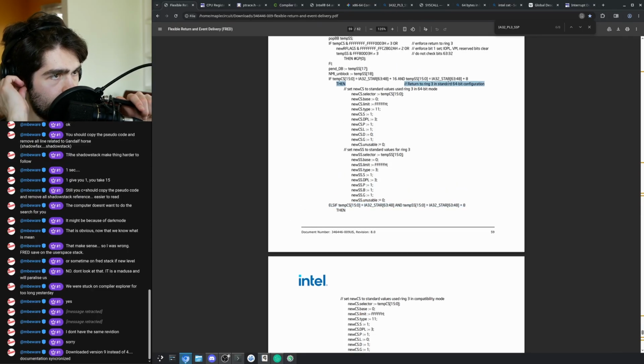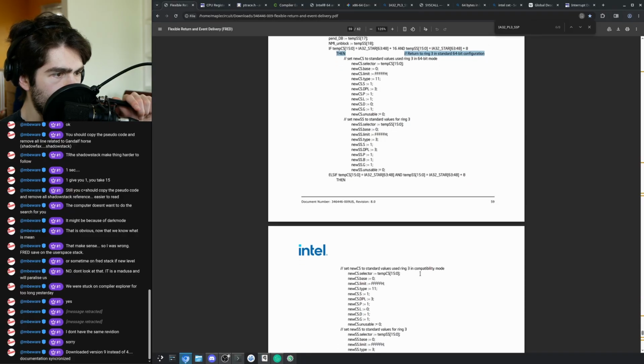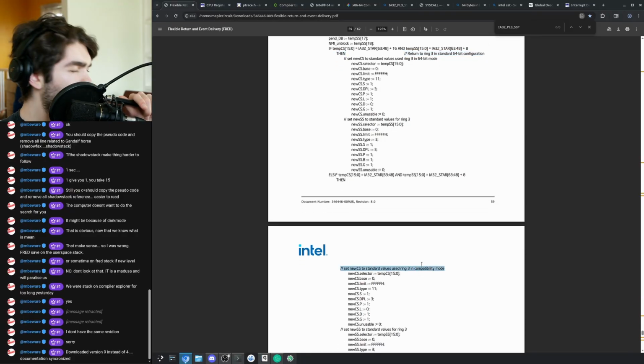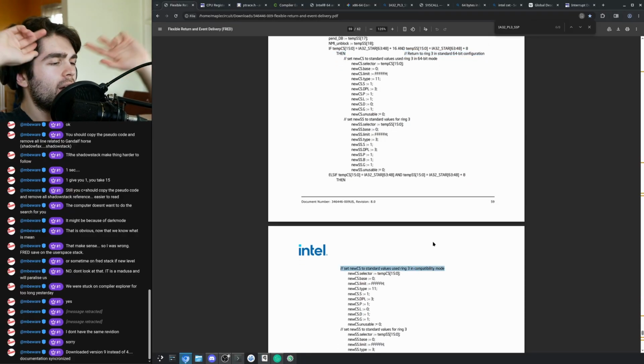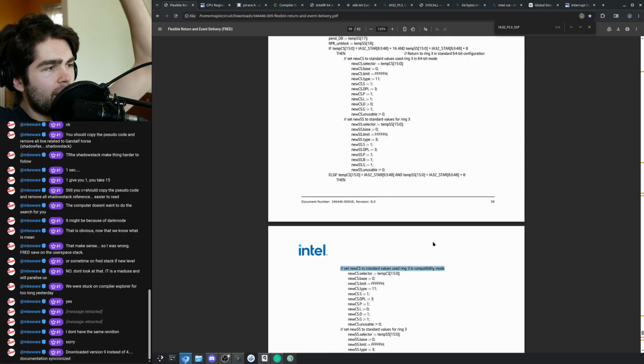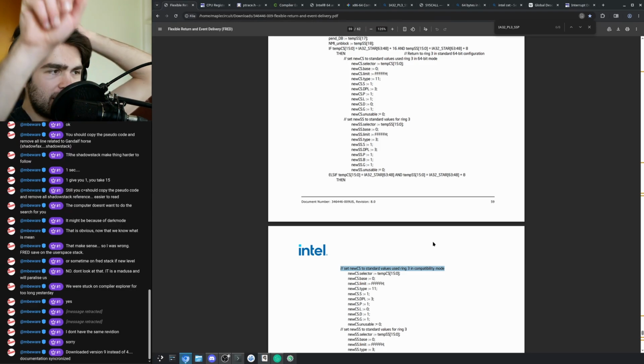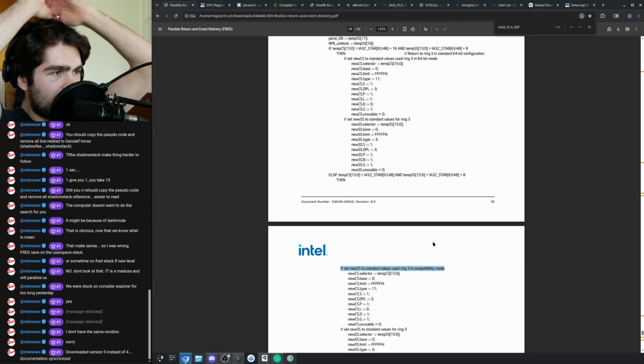Return to ring 3. I downloaded version 9 instead of 4. Documentation synchronized. Yeah, the latest version is probably the best. Okay, return to ring 3 in 64-bit. Return to ring 3 in compatibility mode. Okay, so we can use FRED while in compatibility mode, not protected mode, compatibility mode, part of IA32.